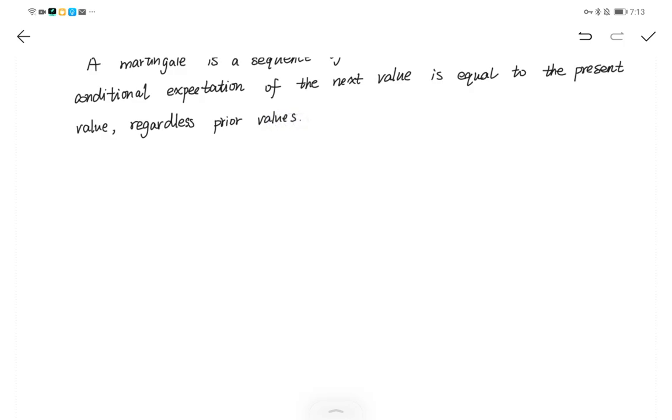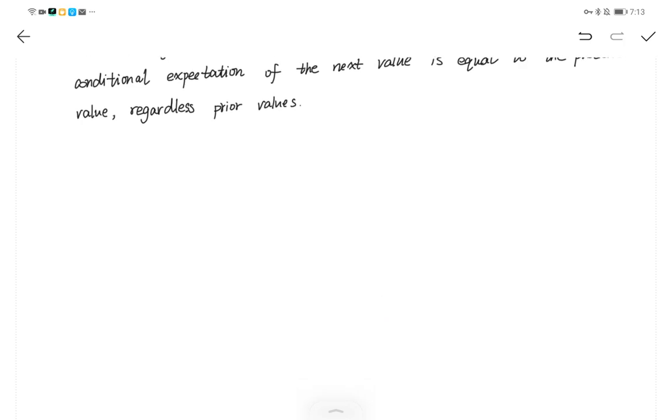And if we write this definition in math formula, we can write it as the expect of xt given xs equals x1 equals x1. So this is the definition of martingale.